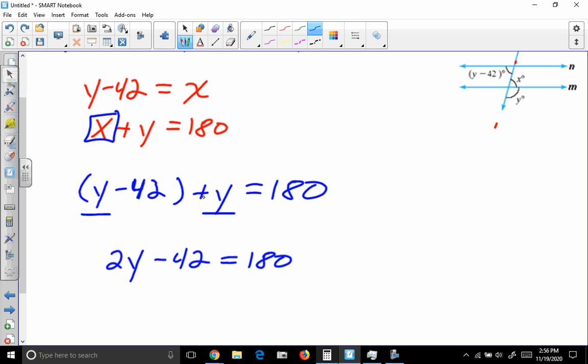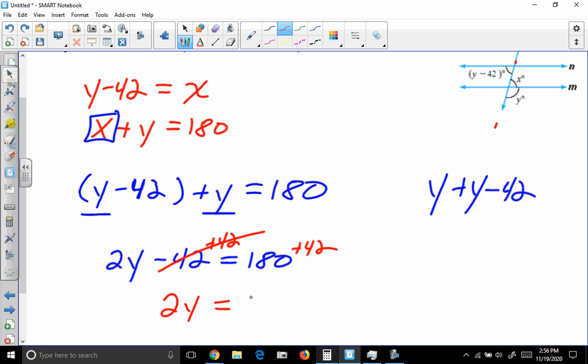Notice this is adding, so we're not distributing anything here. We're just combining things that are alike. We have a y, another y, and a minus 42 on the left, hence 2y minus 42. To get the 42 to the other side, it's a term, so we would add it to both sides so that those cancel. That will give us 222.